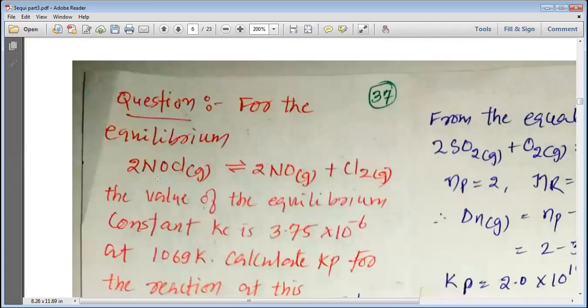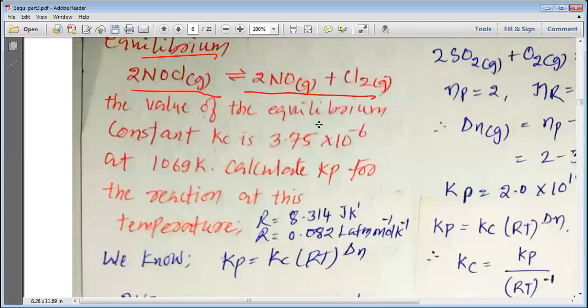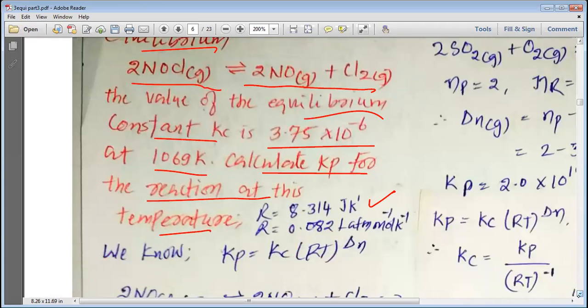For the equilibrium, 2NOCl gas at equilibrium gives us 2NO gas plus Cl2. The value of the equilibrium constant Kc is given as 3.75 into 10 to the power minus 6, and the temperature is given as 1069 Kelvin. Calculate Kp for the reaction at this temperature. I have done the calculation of R for you, my dear students.